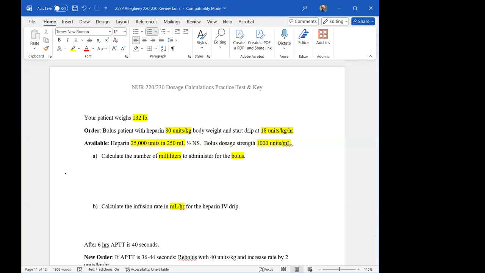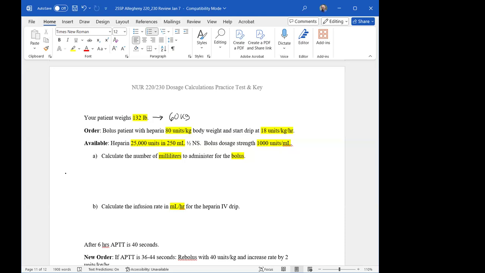All right, step one, I'm just going to write this here. I have a 132-pound patient. All I'm going to do is take 132, divide by 2.2, and I'm going to get a nice even number of 60 kilograms. So you don't have to worry about rounding with this one, which is nice.